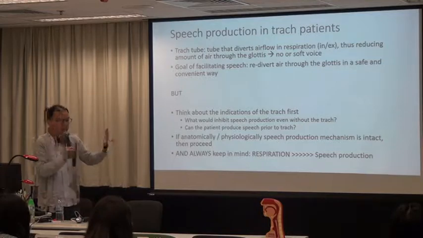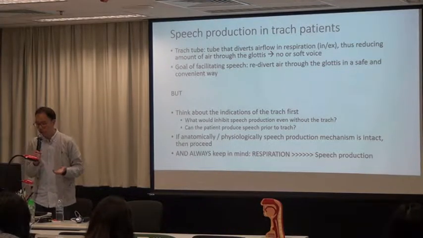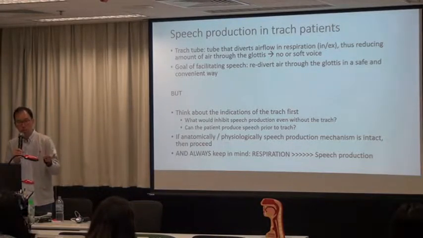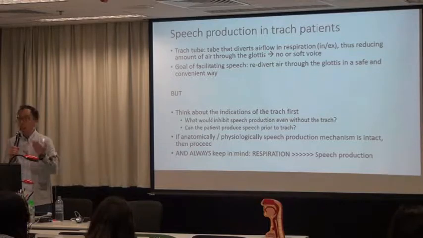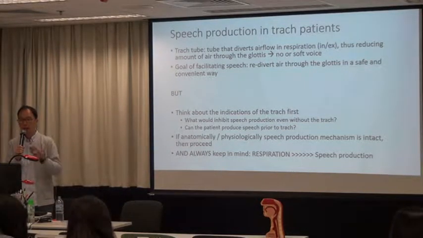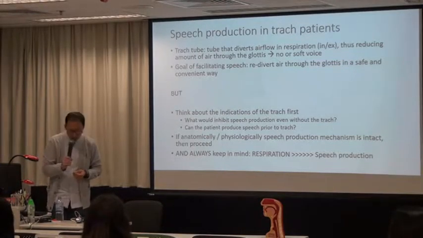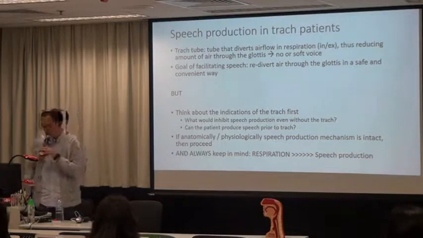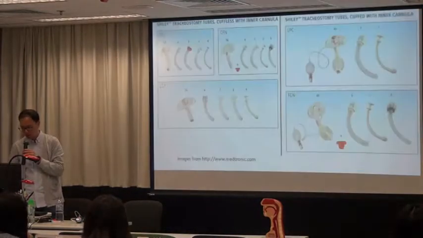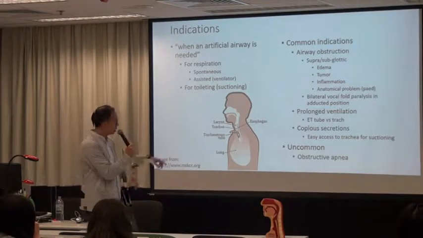But as I mentioned numerous times, you have to think about the indications of the tracheostomy. What would actually be inhibiting the patient from talking, from phonating, even without the tracheostomy? There are some problems. For example, if the patient has a subglottic stenosis, what is a subglottic stenosis? This is the glottis.